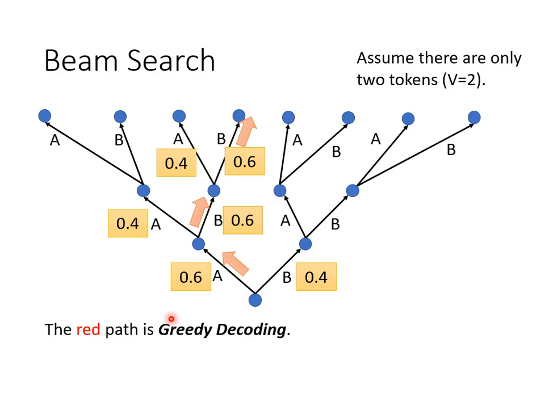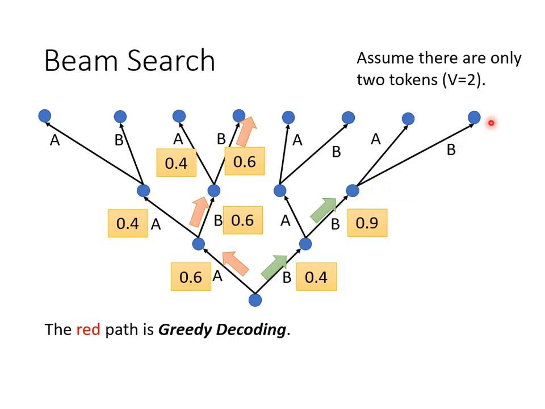However, is greedy decoding necessarily the better method? How about not choosing the token with the highest score at first? For example, even though B is 0.4 in the first step, we still choose B nonetheless. If we choose B, perhaps the probability of the next B will greatly increase and rise to 0.9.